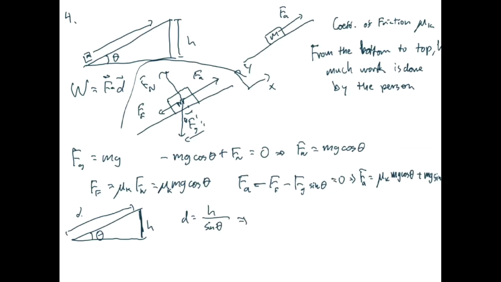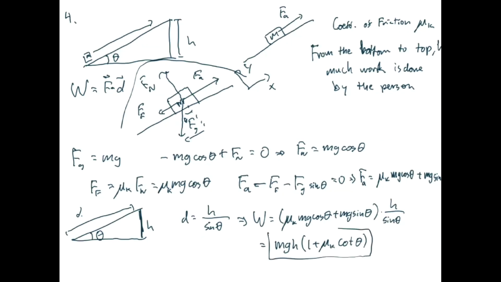So now the work done is the force, mu k mg cosine theta plus mg sine theta, times the displacement h over sine theta. And if we simplify this a little bit, this just becomes mgh times 1 plus mu k cotangent theta. And so this is our answer.